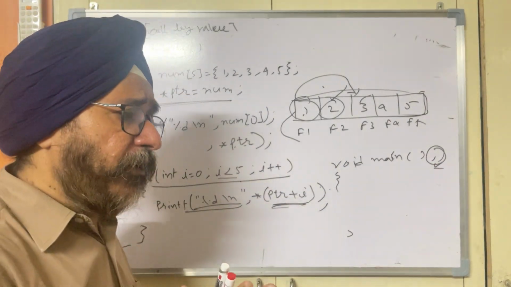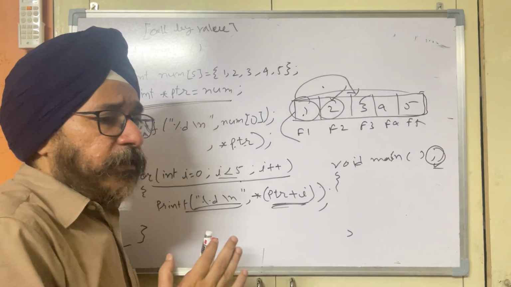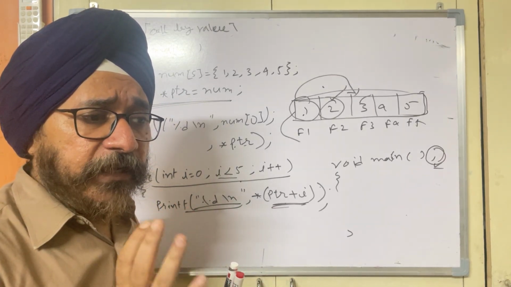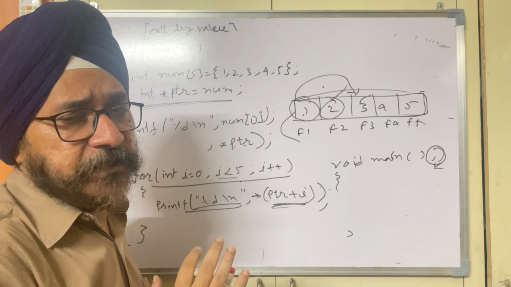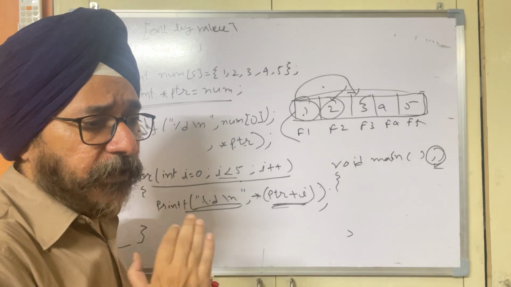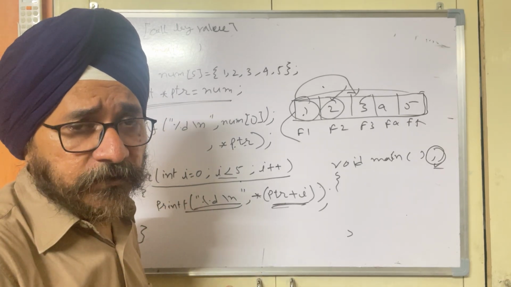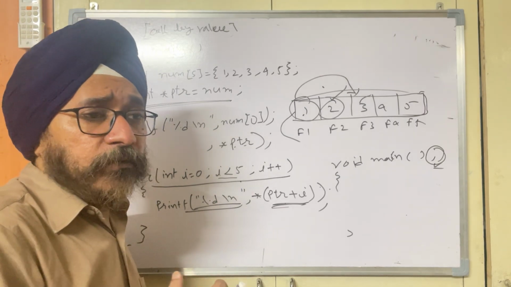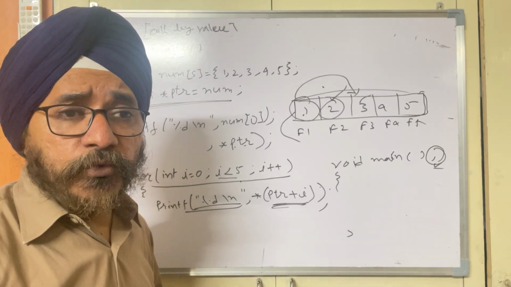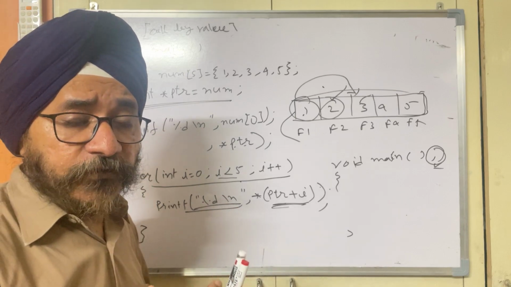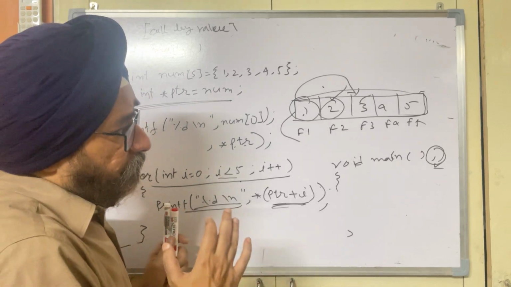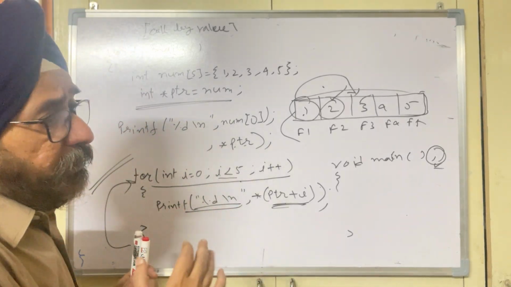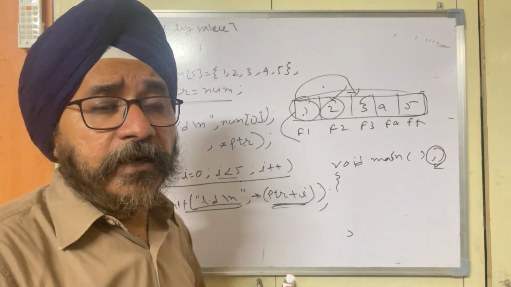I teach you in such a way because you need to clear the concept of this main part of arrays and pointers. The teacher who teaches you in college or school, please take advice from them and also take this so that your concept can be clear.